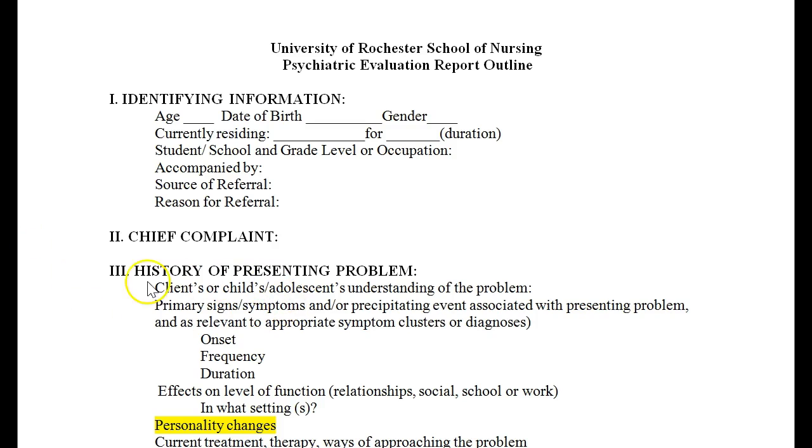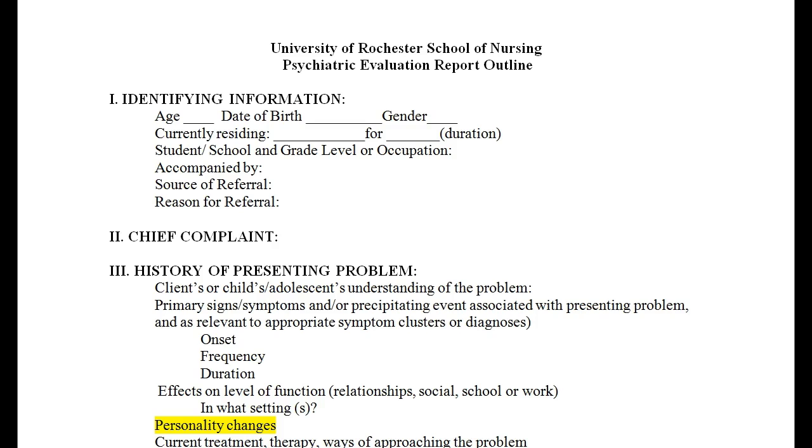History of presenting problem. This is meant to be a very succinct summary of what got the patient to see you at this point. So what does the patient understand as what's happening, the problem? What are the precipitating events? This is not a place to put a lot of detailed past history. You will have an opportunity to do that later on.